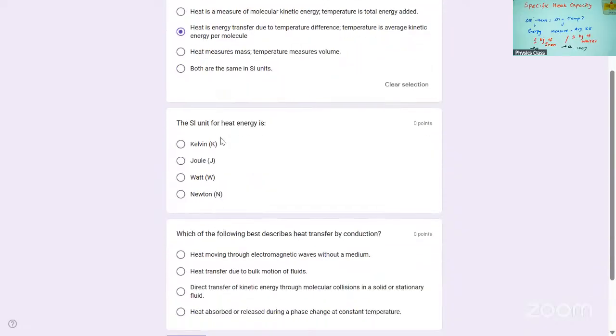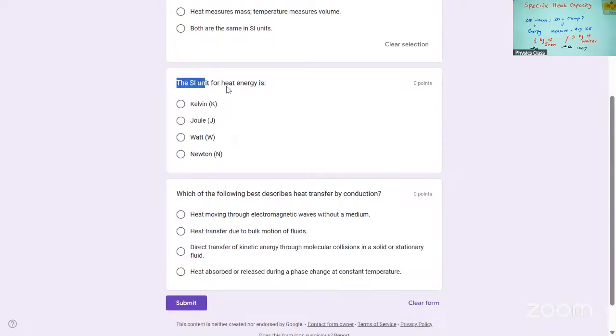Now, second question. Very easy one. The SI unit of heat energy: Kelvin, Joule, Watt, Newton. Which one is correct?